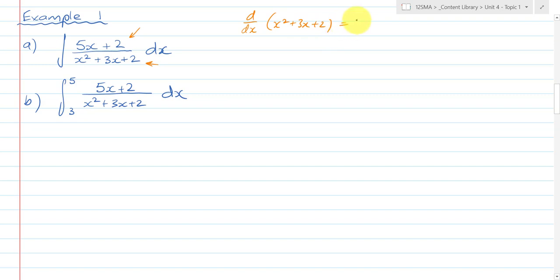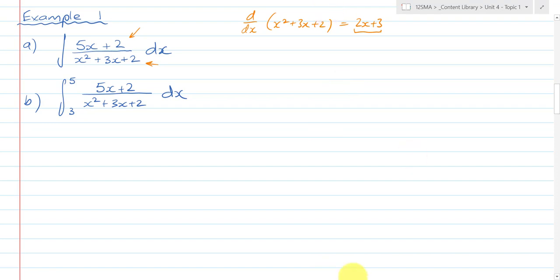That equals 2x plus 3. Now if this is a linear multiple of the top, then we've got a really simple substitution question, and we let u equal that thing, and we'll find that the numerator cancels out when we work out our dx in terms of du, etc. You've seen integration by substitution.